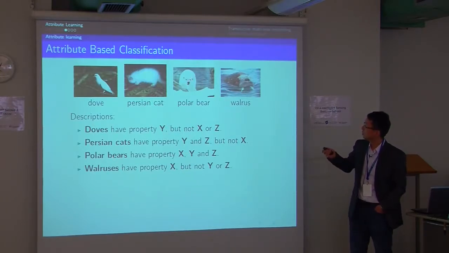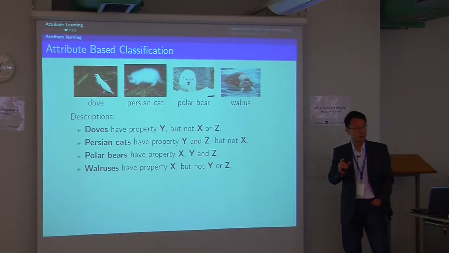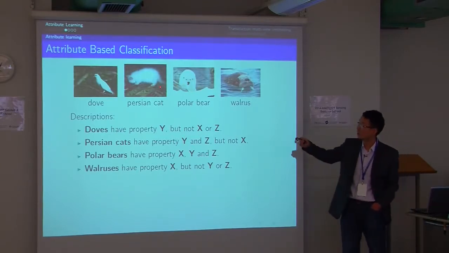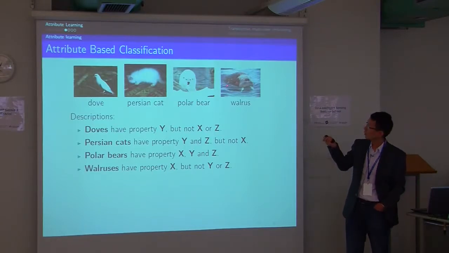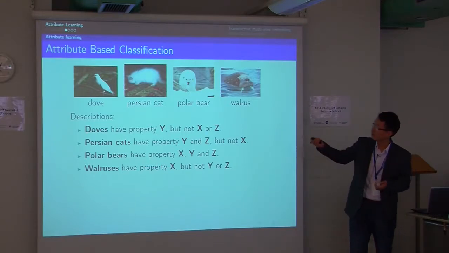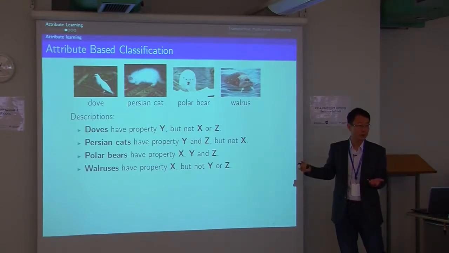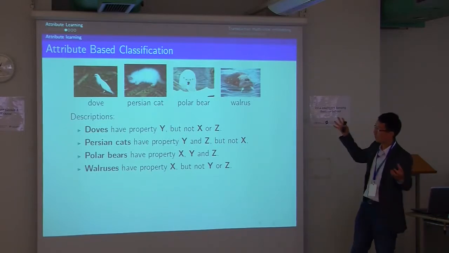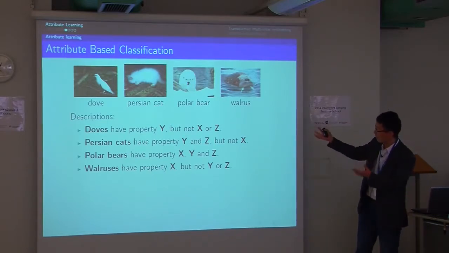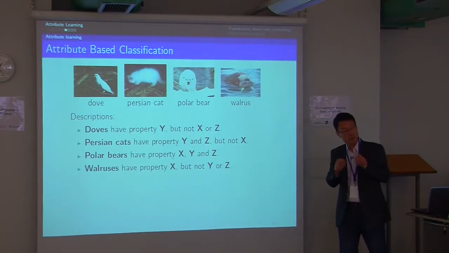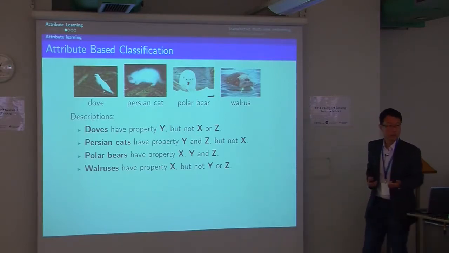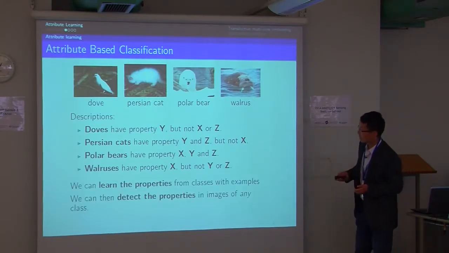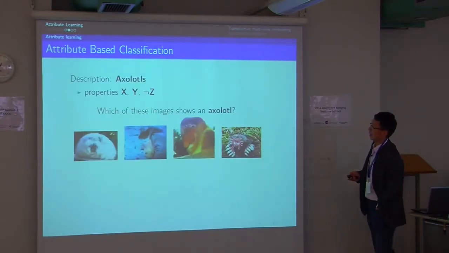These two have something in common which is not contained in these two. What do these 2 animals have in common? Water. They all live in water, right? And these 2 do not live in water. So if you have a lot of examples with this type of description, you could figure out that X means living in water. So that's the general idea.